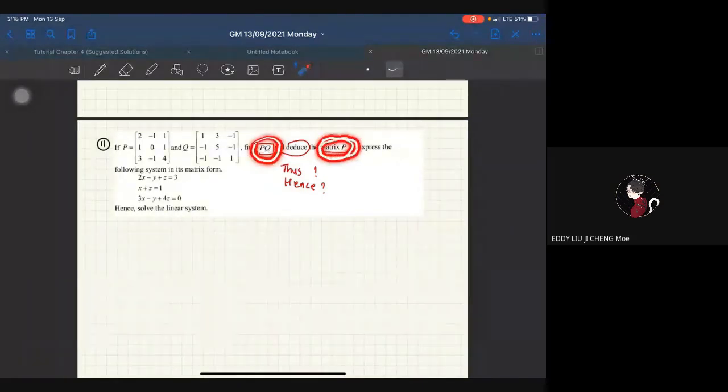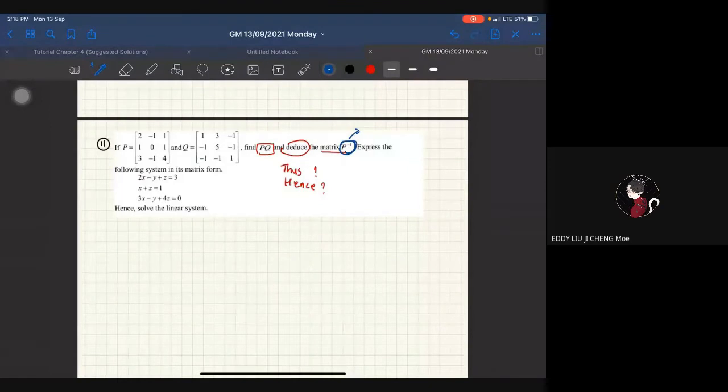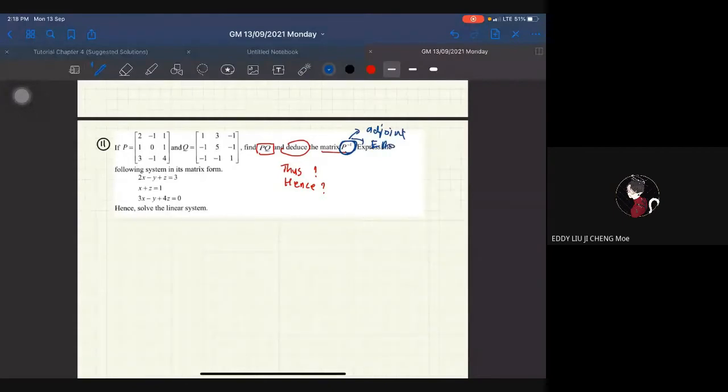Okay, so maksudnya untuk cari P inverse matrix untuk P, awak tak boleh guna cara adjoint. Awak tak boleh guna cara ER. Cannot. Sebab dia kata deduce. Boleh faham ke? Okay, good. Alright, so jom kita cari what is PQ.